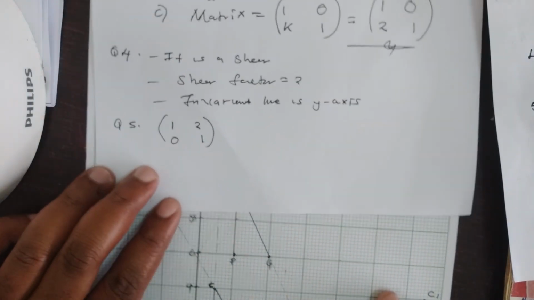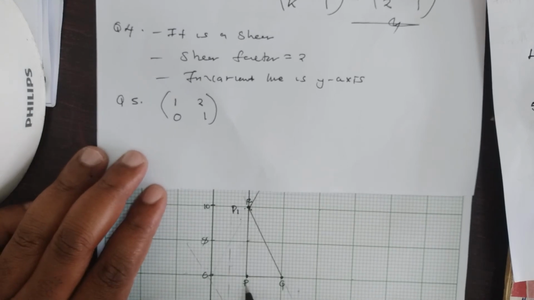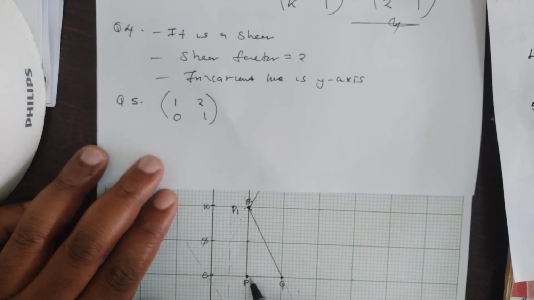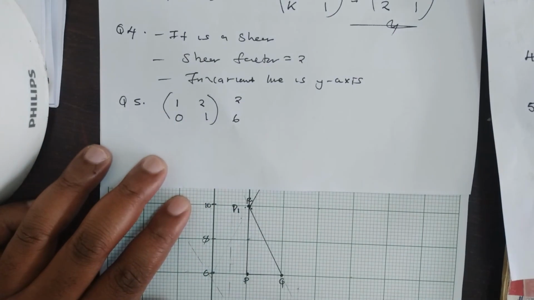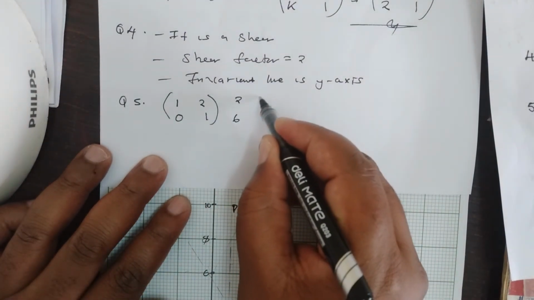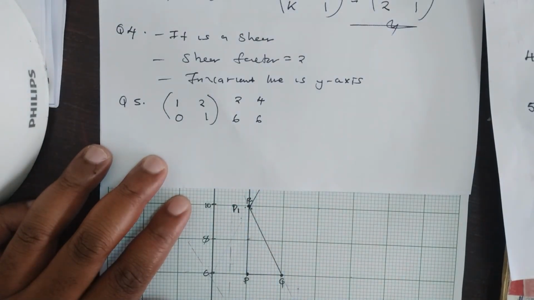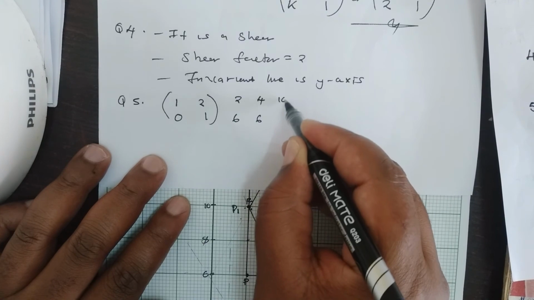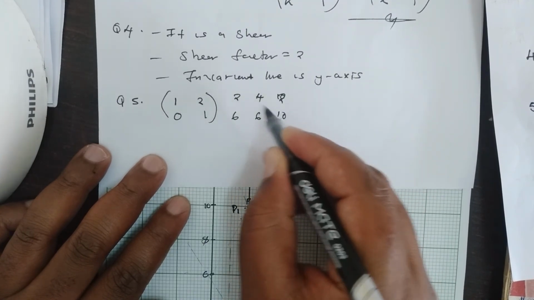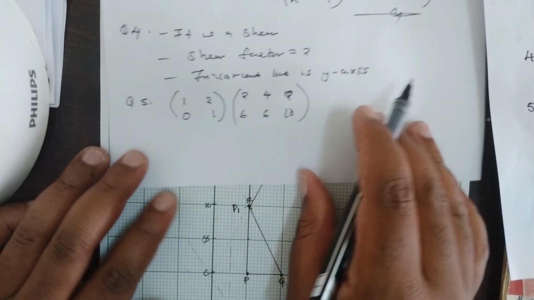What is PQR? P is 2,6. Q is 4,6. Then R is 2,10. So the only thing you need to do is to multiply here.